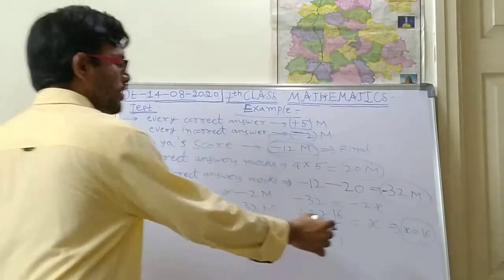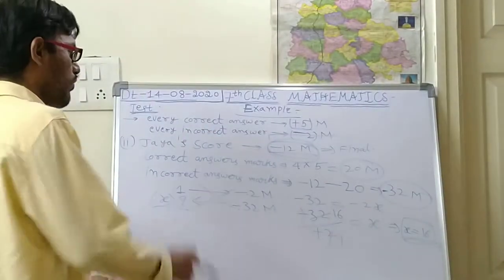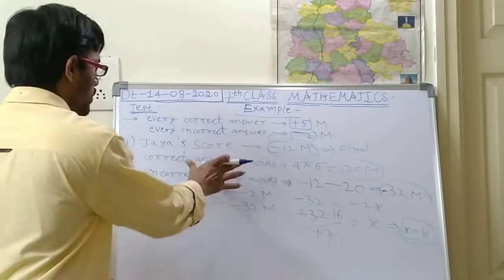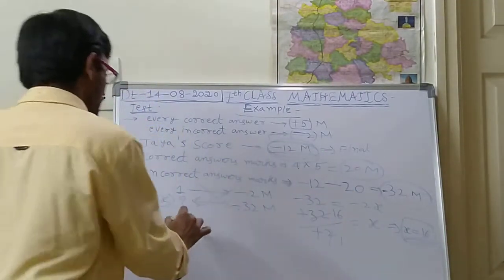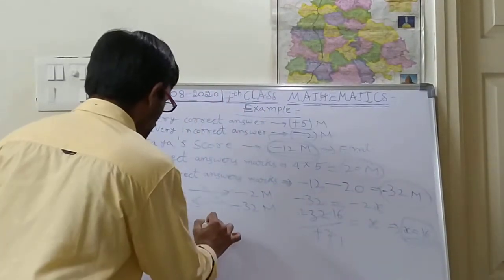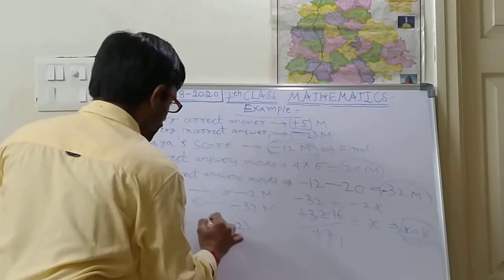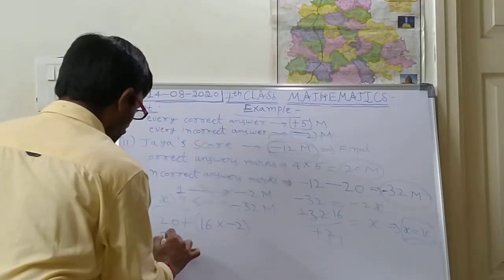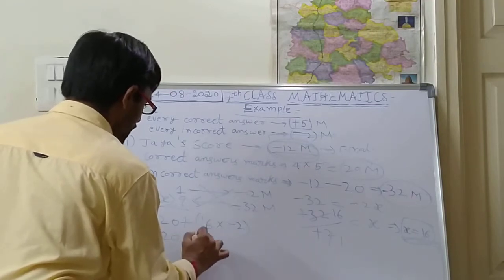Okay. Now we have to check whether this x equals 16 is correct or wrong. For that, what you have to do? First, correct answers 4 into 5, 20, plus incorrect answers 16. For each incorrect answer how many marks? Minus 2. 16 into minus 2, 16 twos are 32, minus 32.